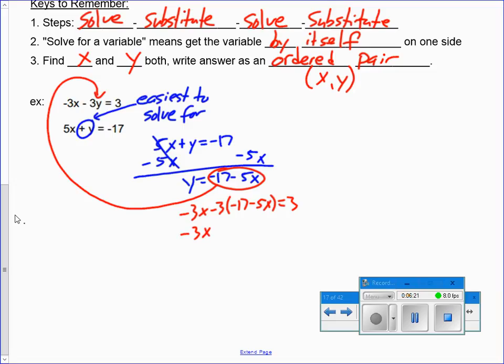We're going to distribute here, positive 51, positive 15x. Combine like terms on this side, 12x plus 51 is 3, subtract 51, negative 48 is 12x, and divide by 12, we have x is negative 4.